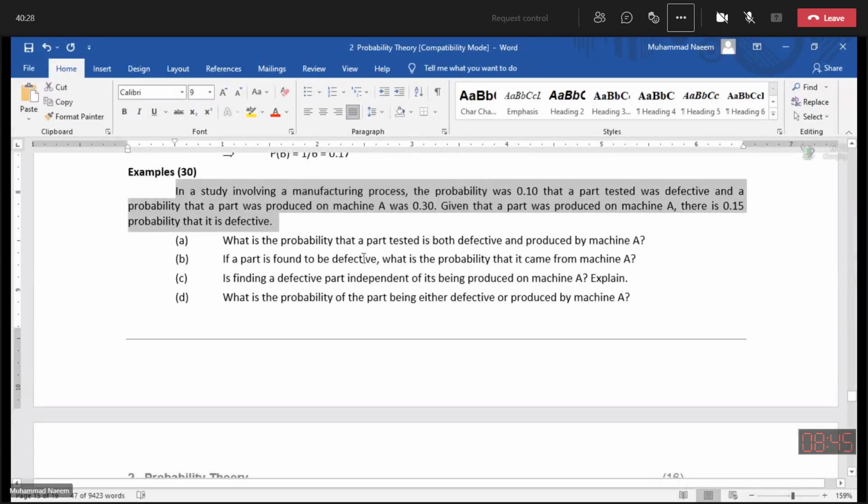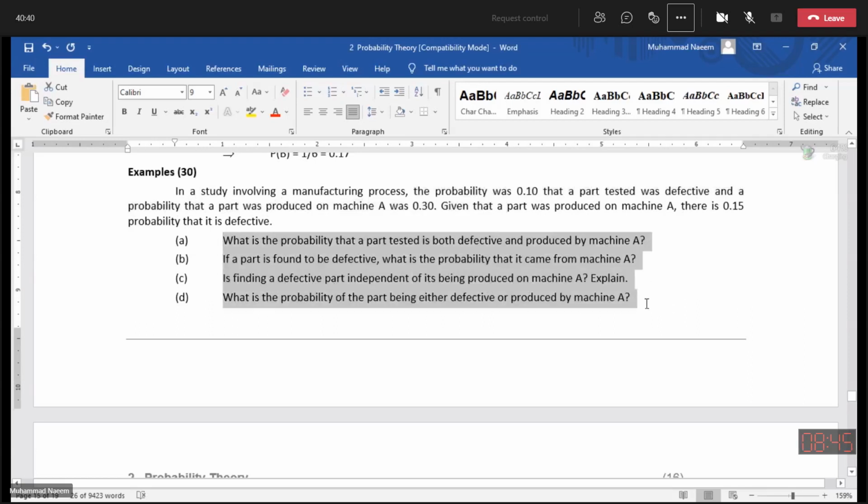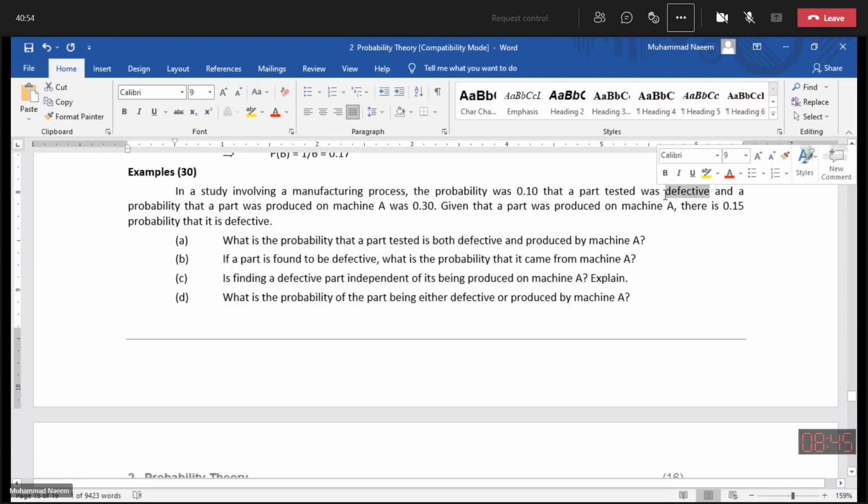The same discussion is here. We are given some information. On that basis, we need to give the answers of these parts. Probability that a part tested was defective, that the part is defective.